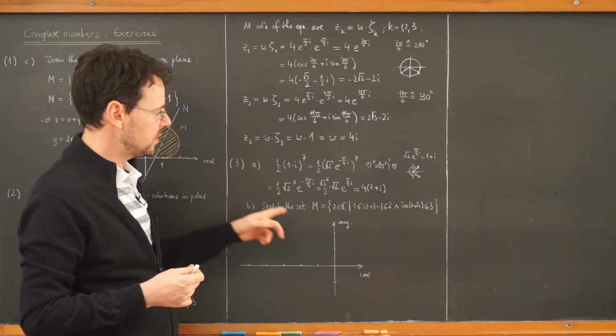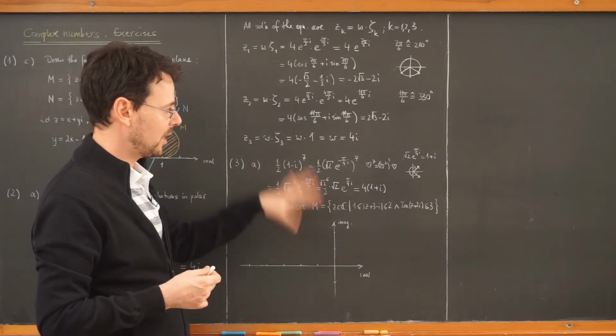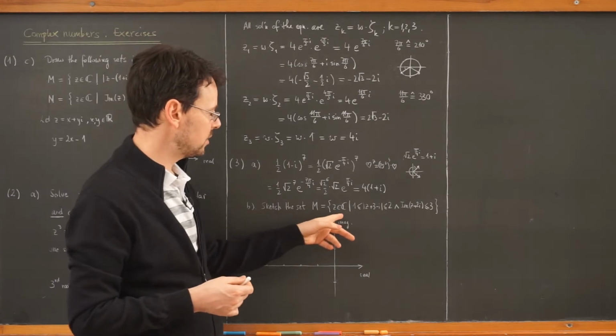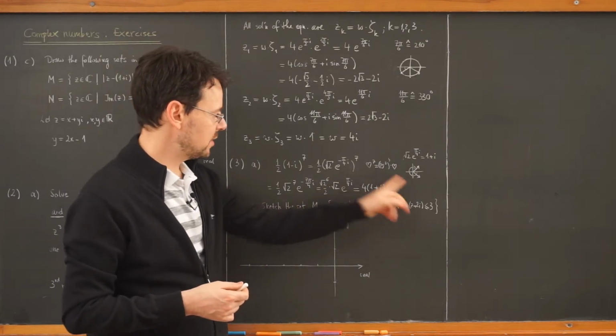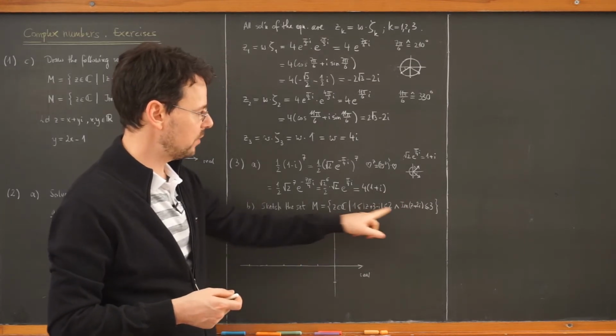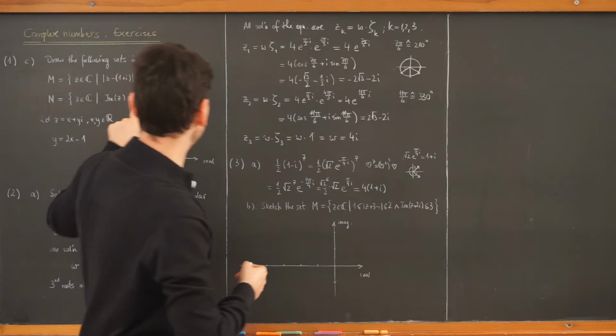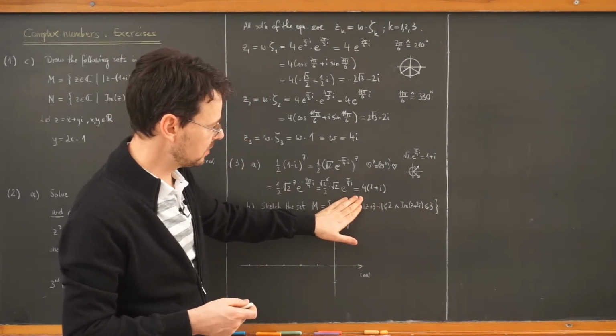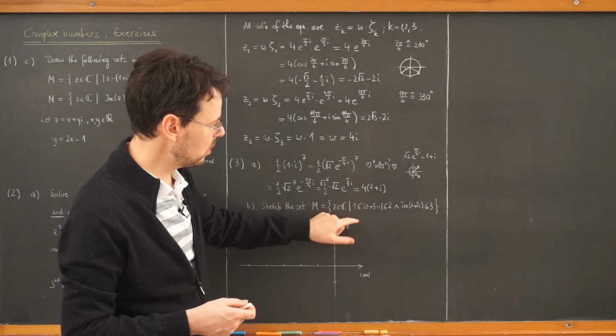Okay, part B of this exercise, again an original exam question at German universities. You should sketch this set, given by 2 conditions. Now, the first condition, if you have solved this one here, should not be too hard. This describes a disk of radius 2.